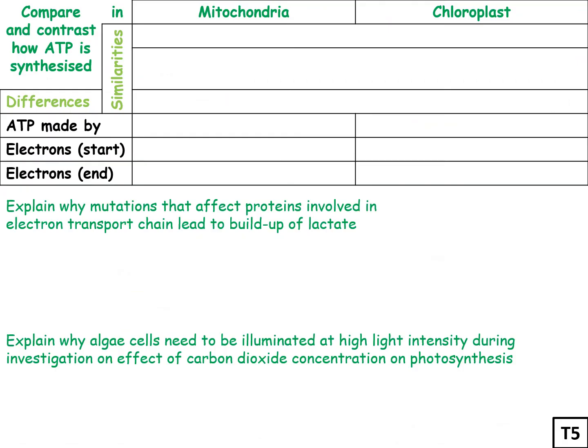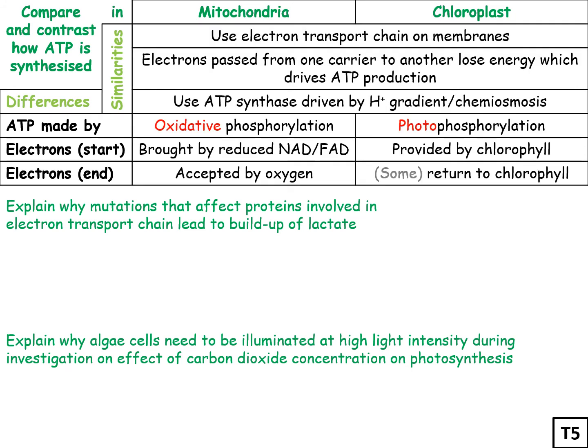Compare and contrast how ATP is synthesized in mitochondria and chloroplasts. In terms of their similarities, both use an electron transport chain on the membranes, so there are electron carrier proteins in the membrane where an electron is passed from one carrier to another, and that loses energy or provides the energy for hydrogen ions to be pumped across the membrane, which then drives the production of ATP.